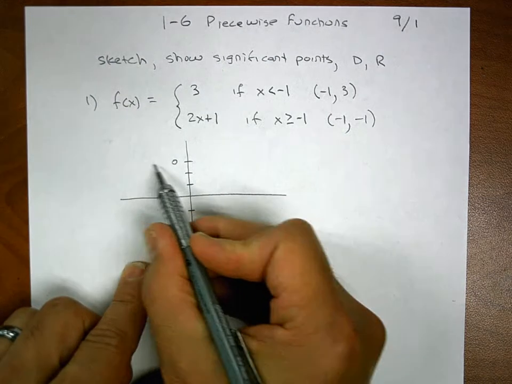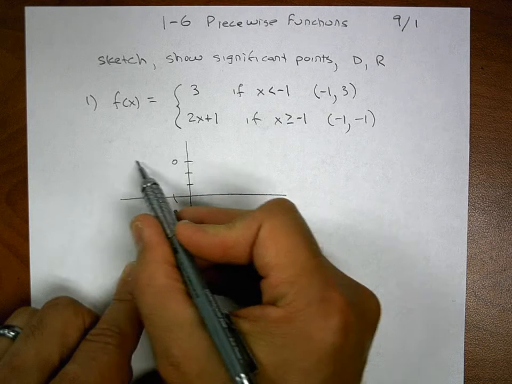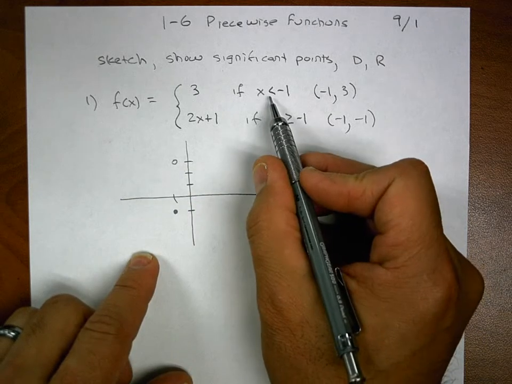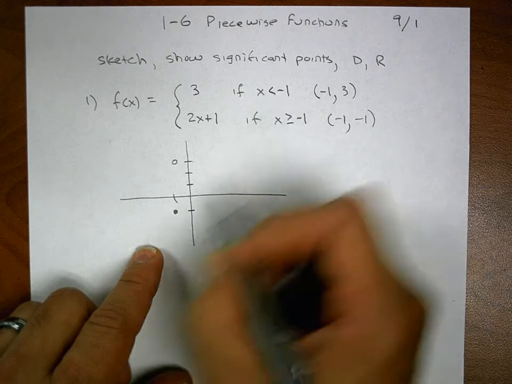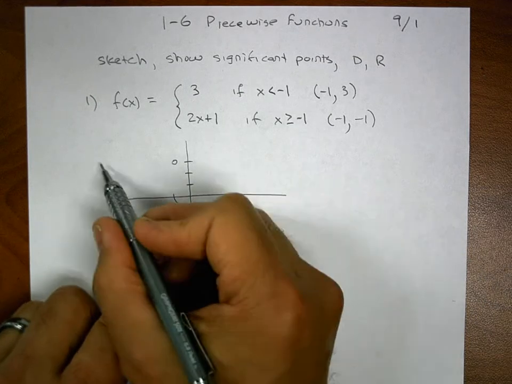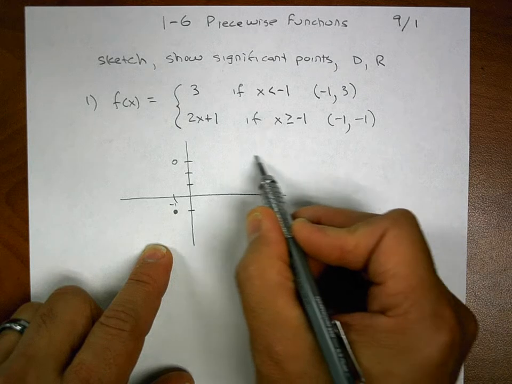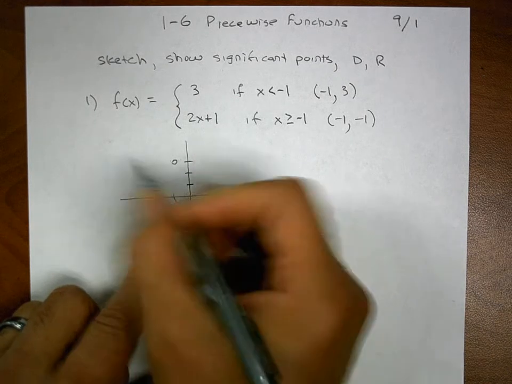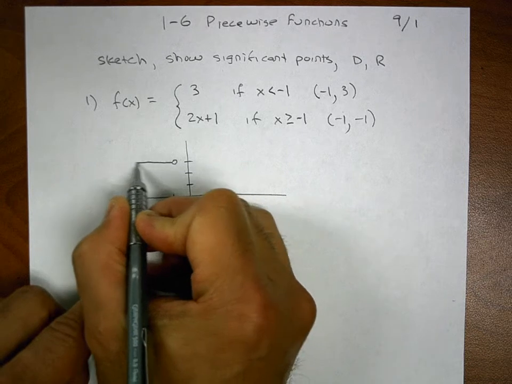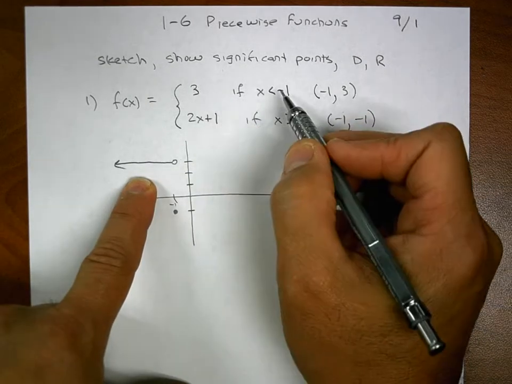Here's my horizontal line, y equals 3. Just keeps going. But we only want to see this when x is less than -1, right? So here's -1. So should I just go like this and just keep going? Do I want to see it over here? No, I only want to see it when it's less than -1. So there's that part, just like that. So there's y equals 3 when x is less than -1.